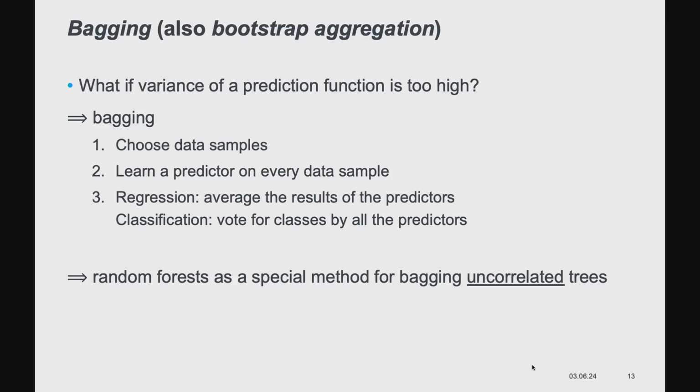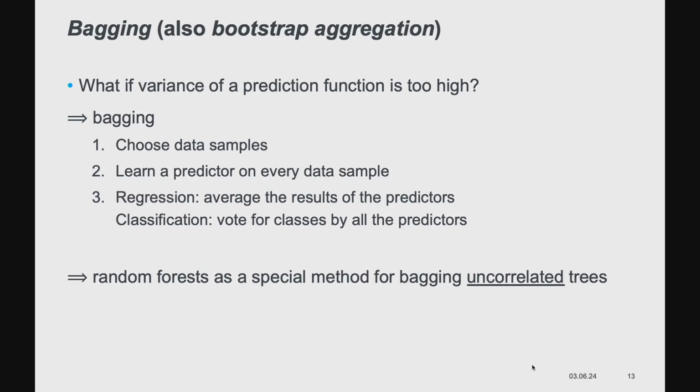Then I learn a predictor on every data sample, and then either average results for a numerical predictor, or I use majority voting to determine my class. There are actually even more aggregation mechanisms. We have a recent paper where we use some social decision theory method, but this is what is typically done.